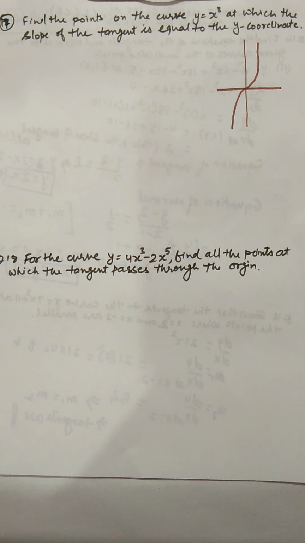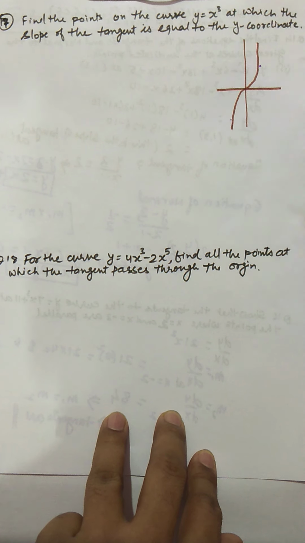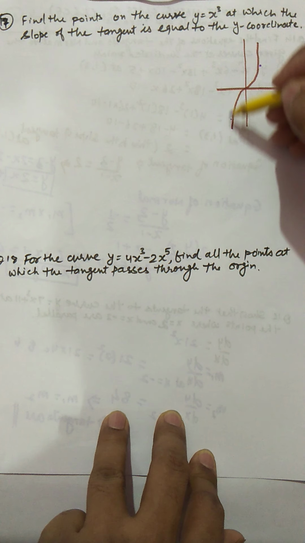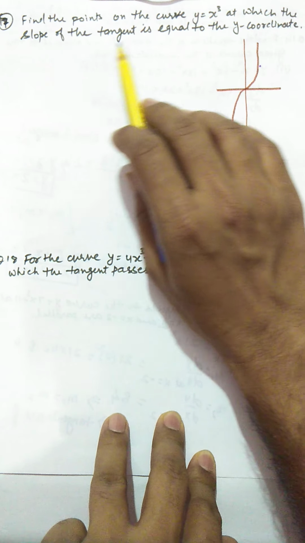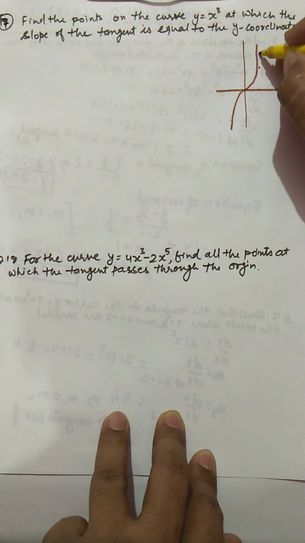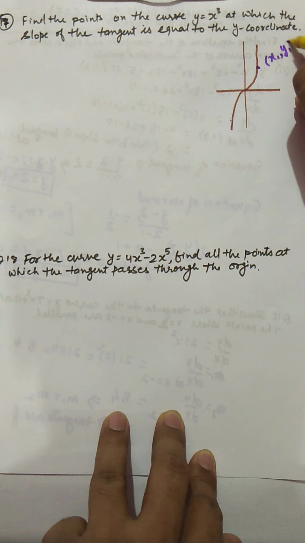So it is: find the point on the curve. You can see the point can be here, or here. If you draw the tangent, the slope of the tangent is equal to the y coordinate. For example, let's say this is the point x1 comma y1.